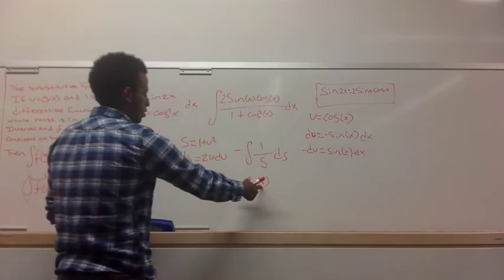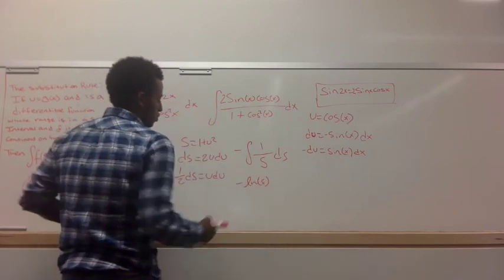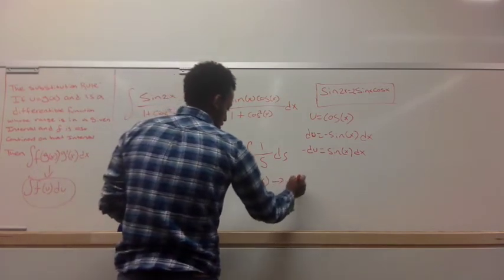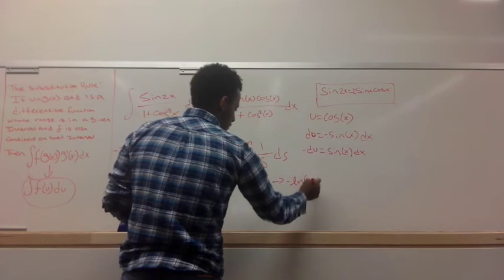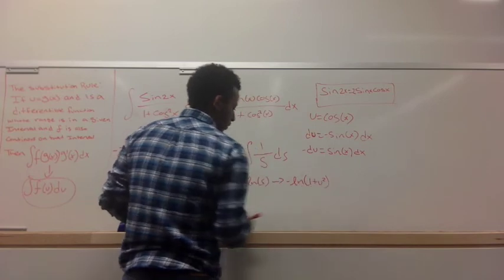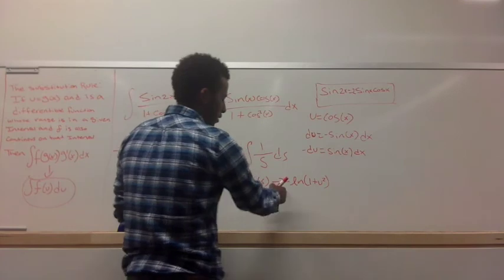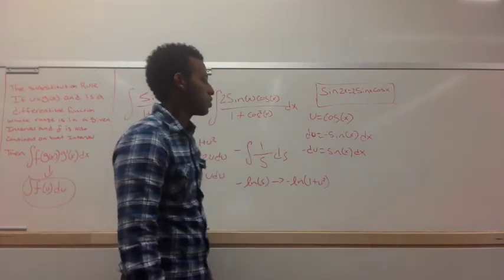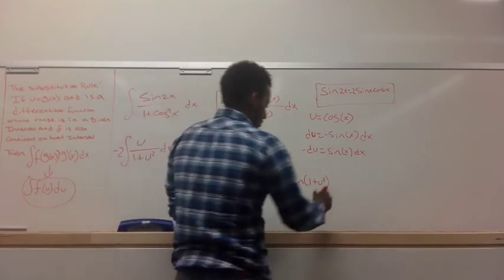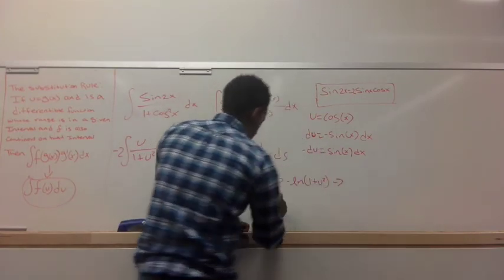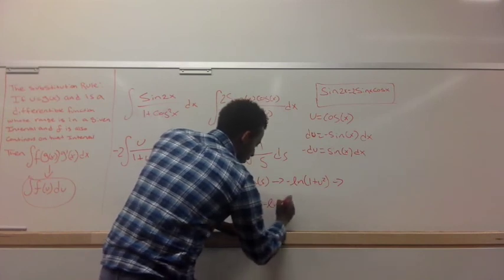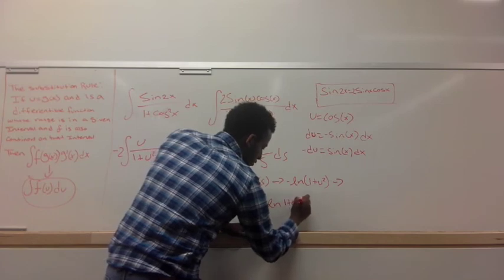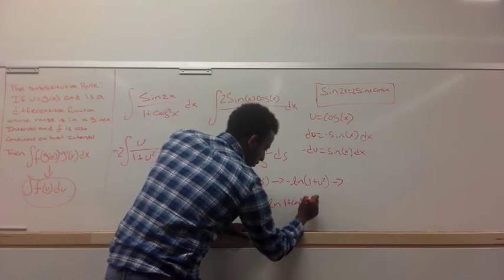But since we substituted the s with 1 plus u squared, we do that again. We replace the s with 1 plus u squared, and then we replace the u again with its original value, which was cosine of x, and since it's squared, it becomes negative ln of 1 plus cosine squared of x.